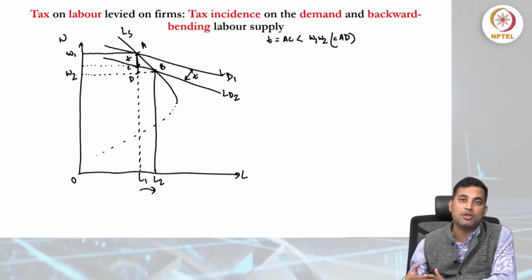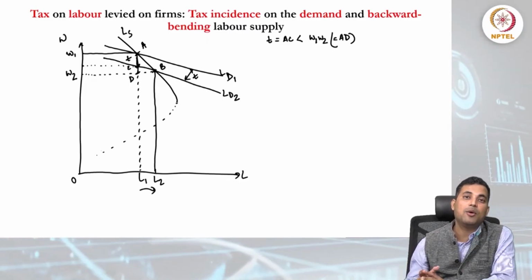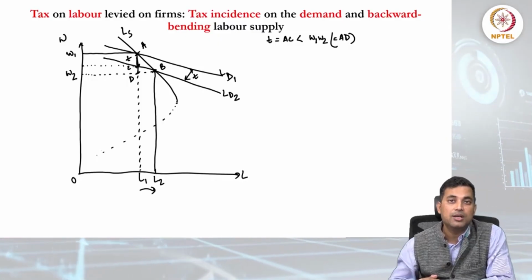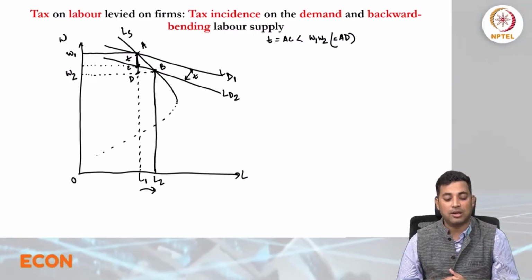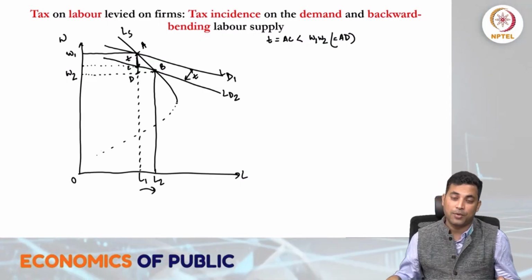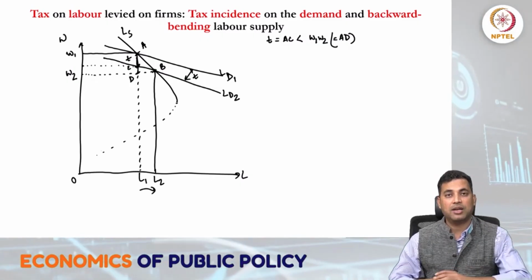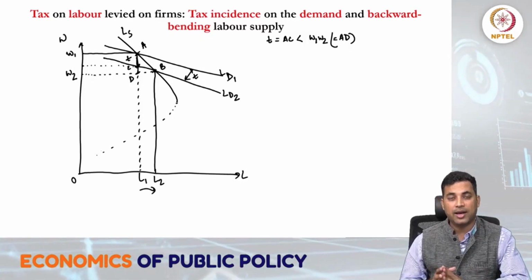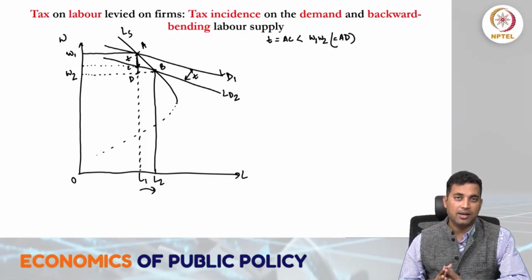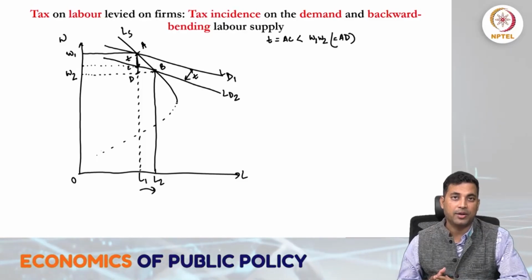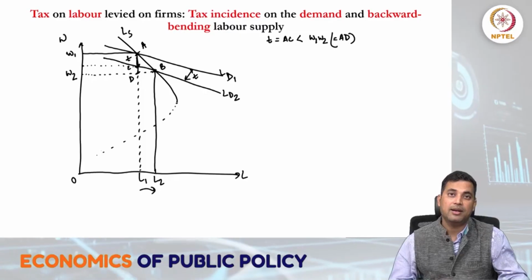This wage gap will be much higher as compared to the amount of the tax that is imposed. So this is the case where a tax is imposed on labor demand on the farm, especially the situation where the trade-off between working hours and leisure is also very important as far as labor supply is concerned.